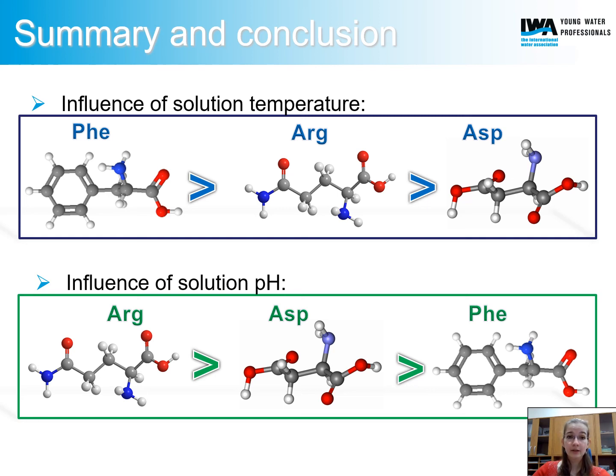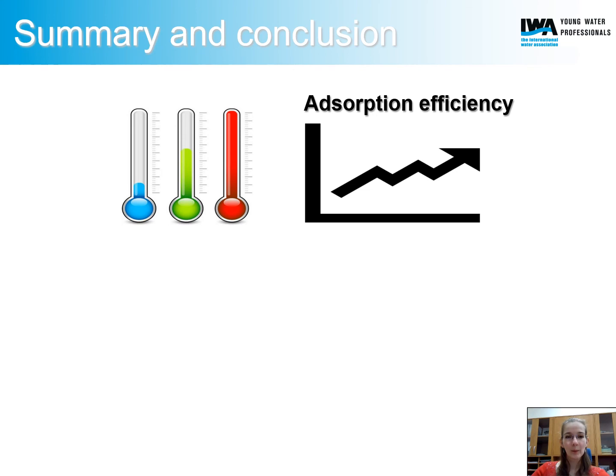On the other hand, the effect of temperature was most noticeable during the adsorption of phenylalanine. The dominant mechanism in that case was hydrophobic interactions, which are minimally affected by the pH, so the effect of temperature was more pronounced. The main take-home message of this research is that adsorption of amino acids as model substances of algal organic matter is endothermic in nature, and in comparison to solution temperature, the major influential factor is the solution pH.